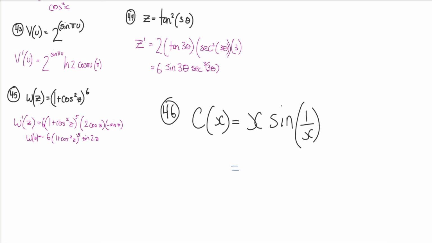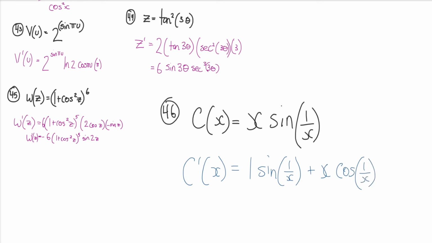Okay. C prime of X. Let's do it. So derivative of the first, and then just keep the second, plus the original first, but then the derivative of the second, so it's going to be cos of whatever is there, and then the derivative of whatever is there, which is negative 1 over x squared. Right?